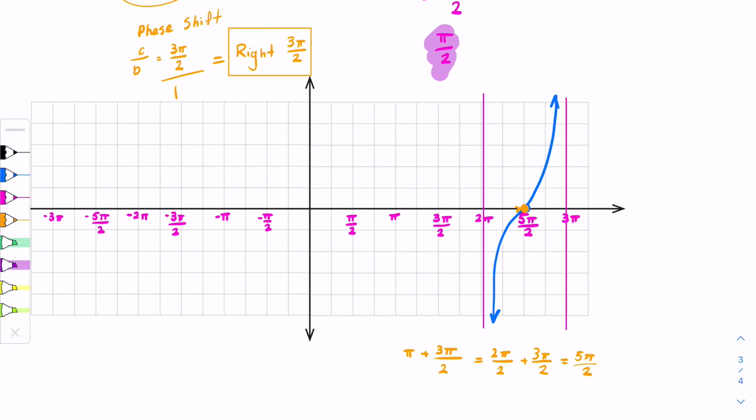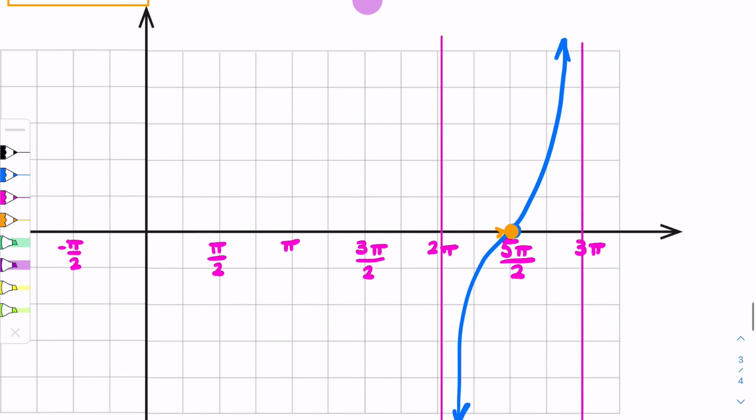So here you can see that our new interval goes between 2 pi and 3 pi, and the tangent function intercepts the x-axis at 5 pi over 2. To continue repeating our tangent graph, my next vertical asymptote would be at pi. My x-intercept would be at 3 pi over 2 with the tangent curve.